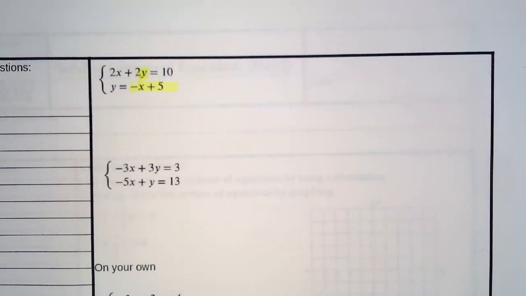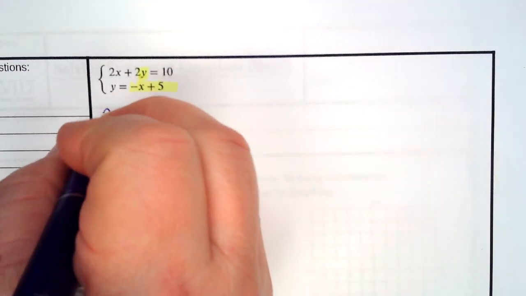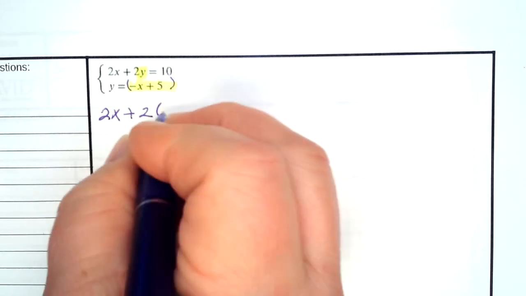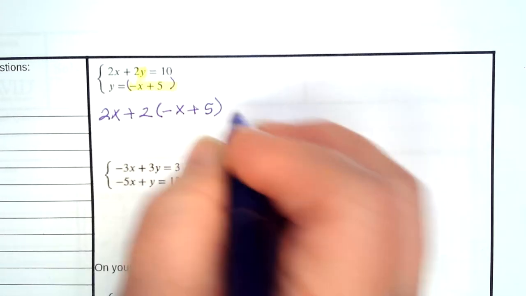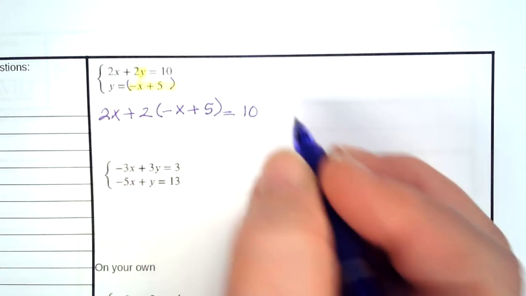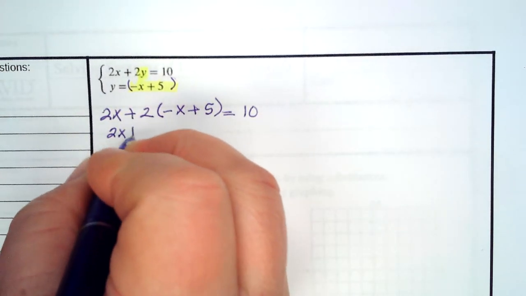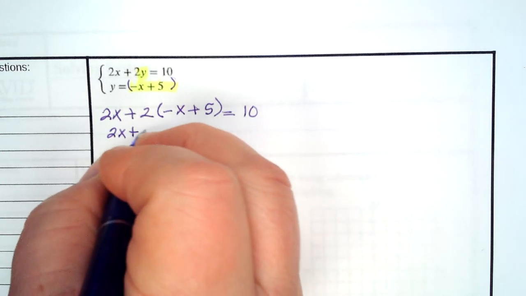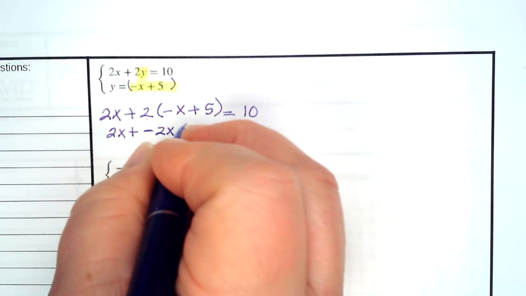So we start off with 2x plus 2 times the quantity. Remember, this has to be in parentheses. Negative x plus 5 is equal to 10. 2x plus 2 times negative x is negative 2x. 2 times 5 is 10.